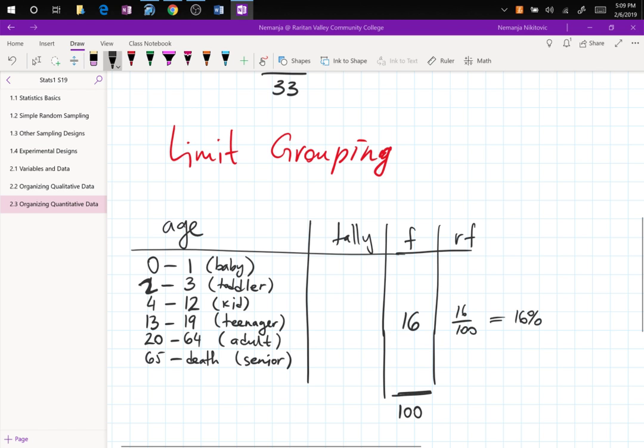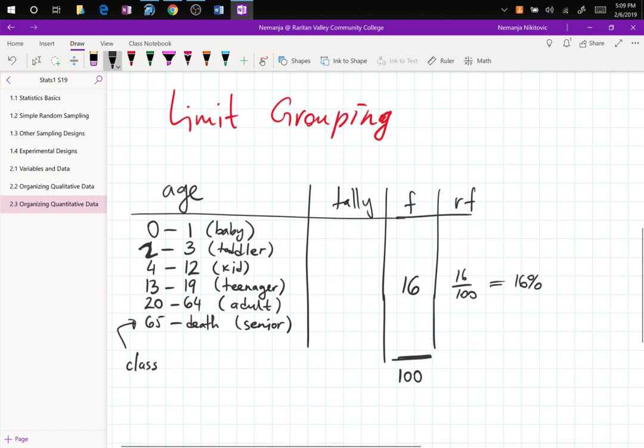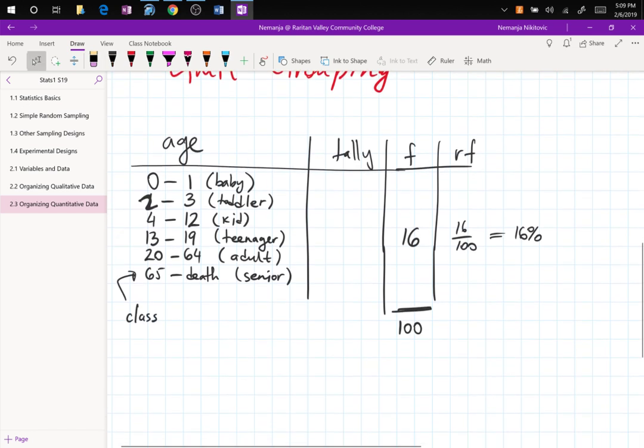If the subject is 23, we go with the adult, and so on. So these are called classes. Each one of these is a class. And then within a class, you have a lower class limit, upper class limit, and then the class width and a class mark.